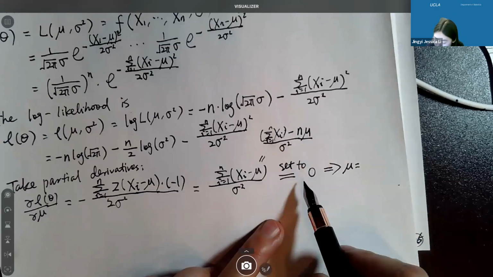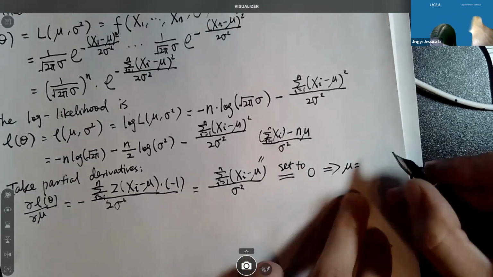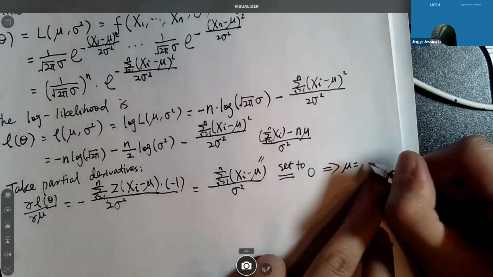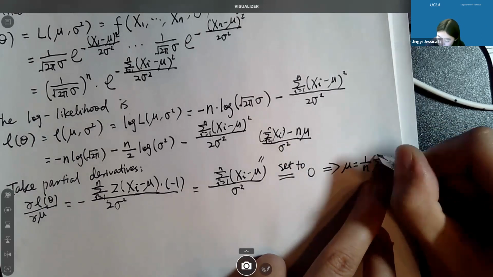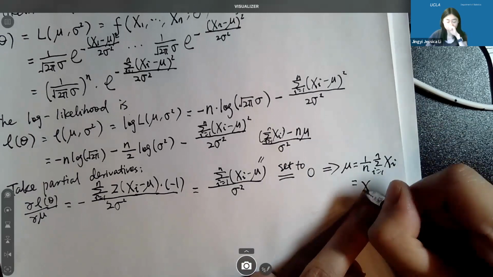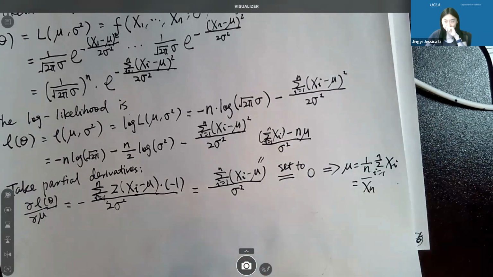I will have mu equals 1 over n sum of xi, which is our notation, x bar. Okay, so from the first partial derivative, by setting it to 0, I can find the maximizer of mu for the likelihood function. Do we have a question about what we did here?